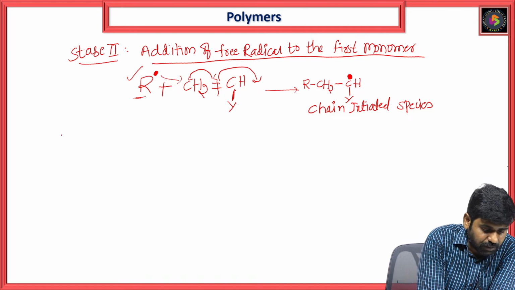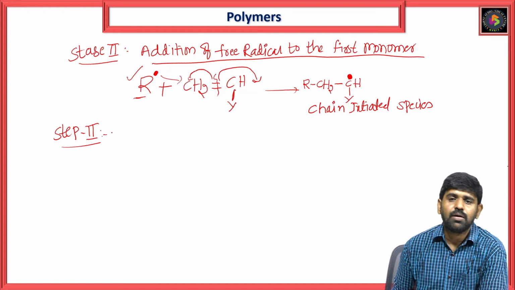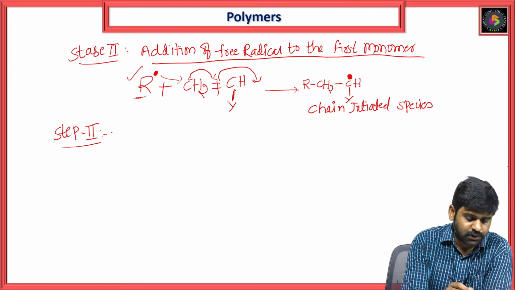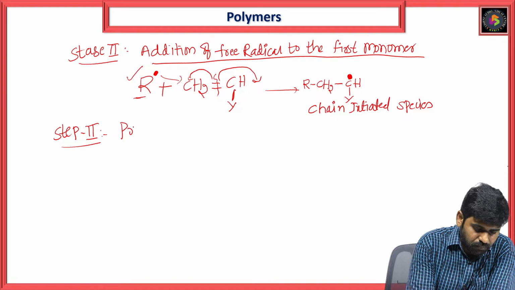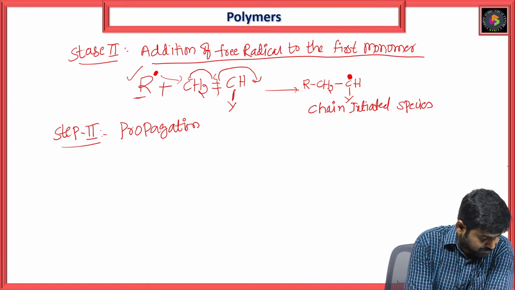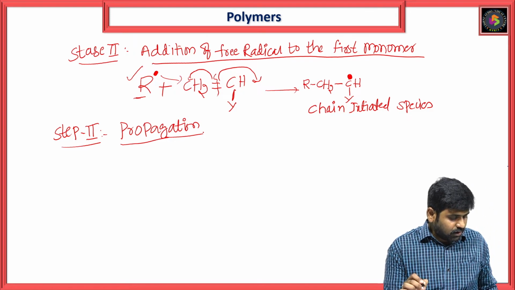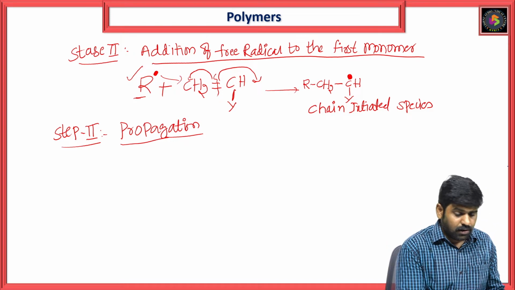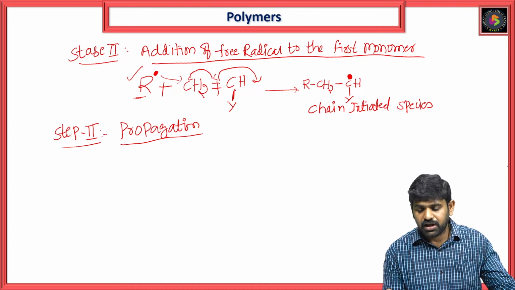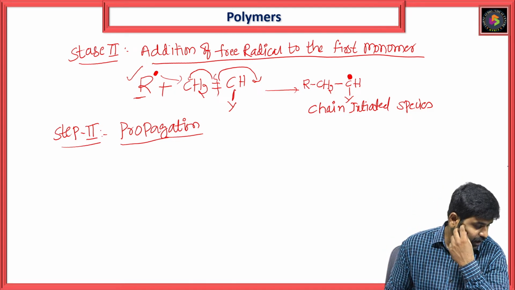Next, step 2. What is step 2 here? Propagation. Step 2 is nothing but propagation. So this chain initiated species, which is nothing but RCH2CH dot Y, right?